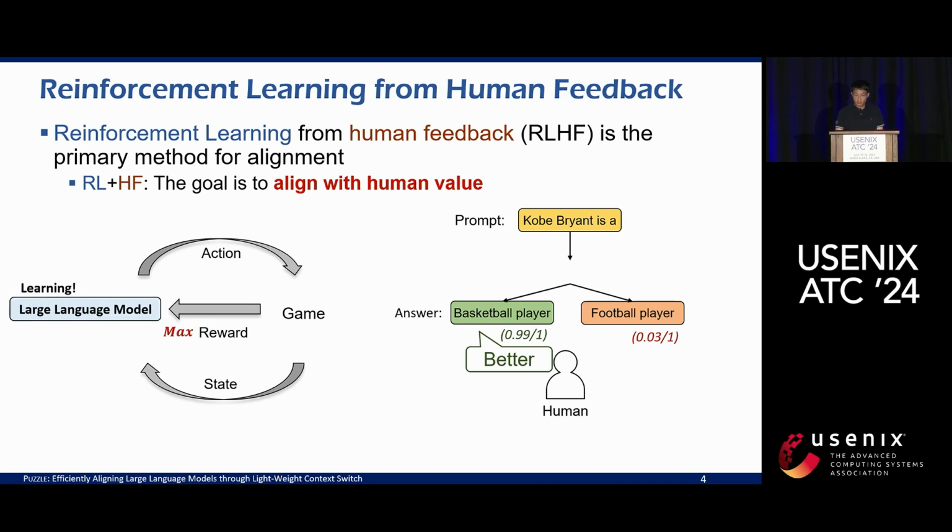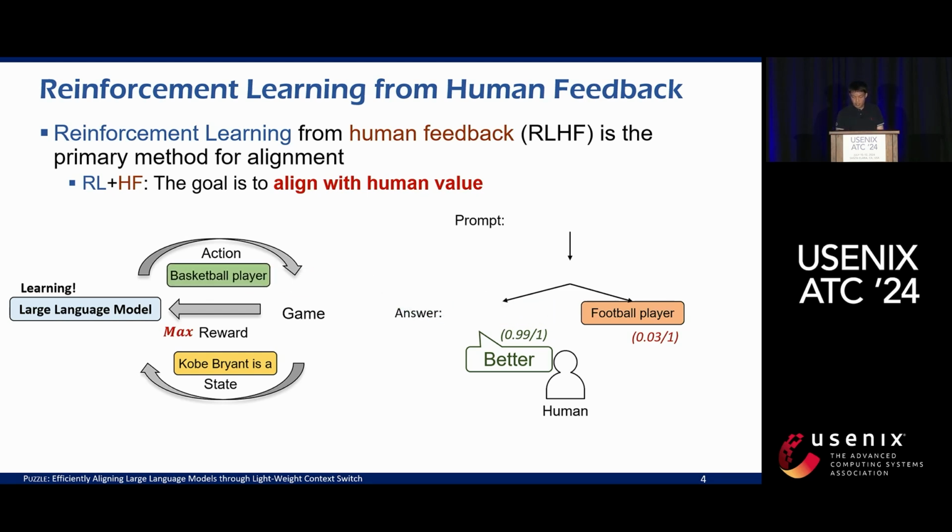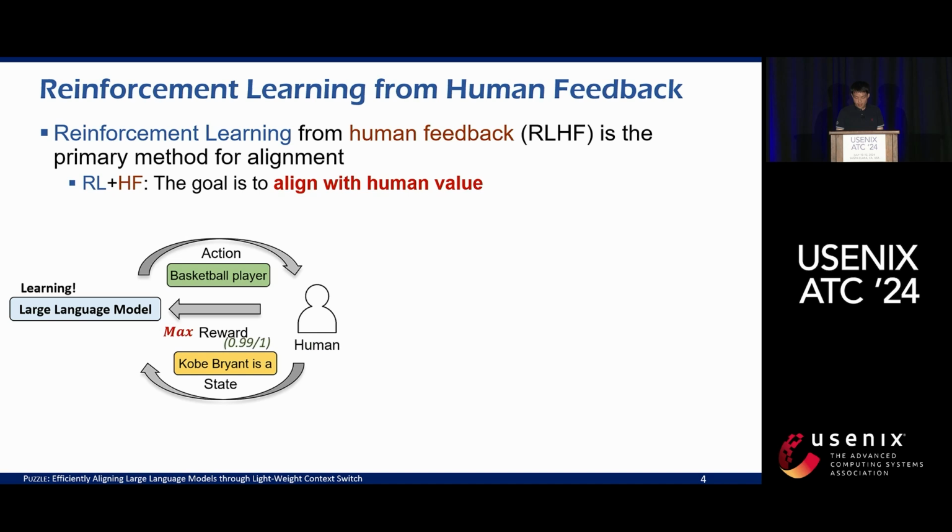First, the agent is replaced by the LLM, and the state corresponds to the prompt given to the LLM, and the action is the answer generated by the LLM based on the prompt. And the game is substituted by humans who evaluate the quality of the responses from the LLM. And finally, the reward is the score from humans. And this is the whole picture of RLHF.